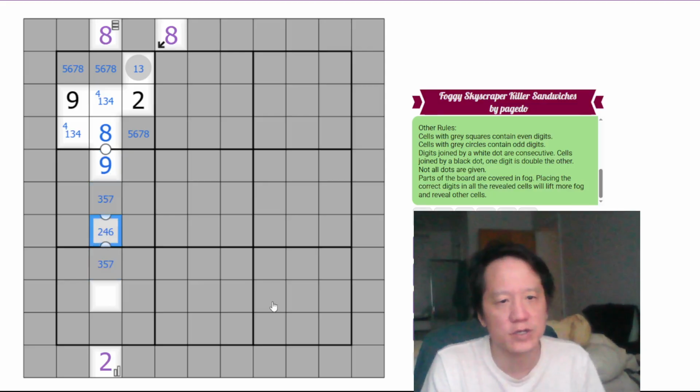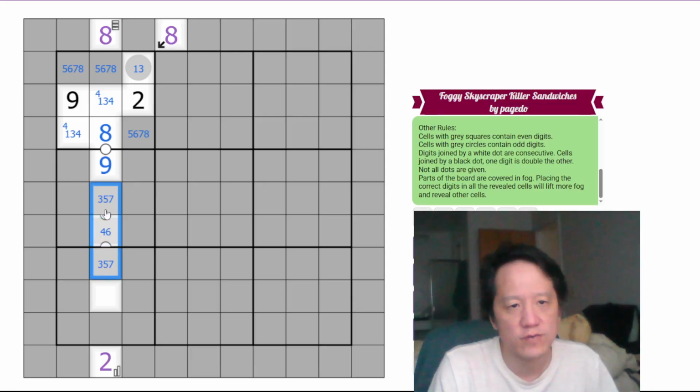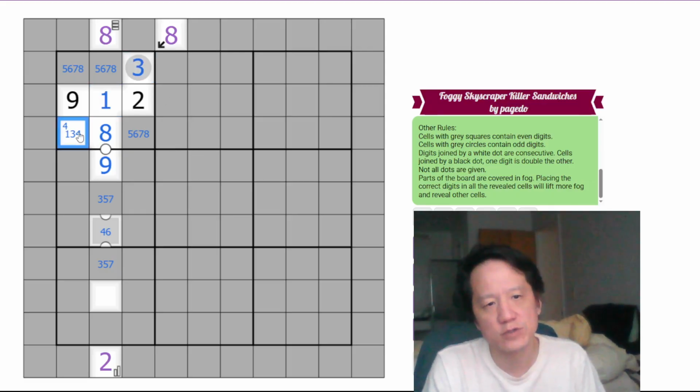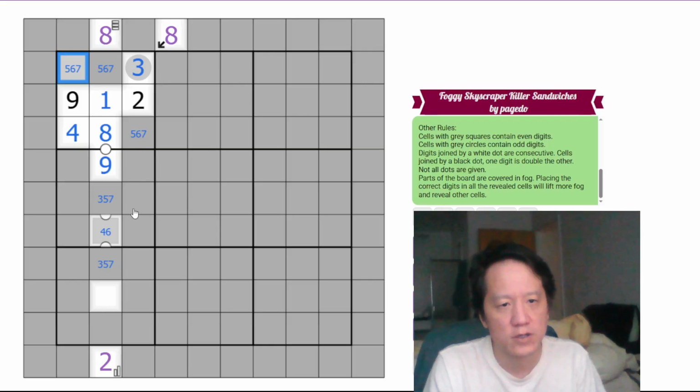It can't be 2 here. So 3, 4, 5 at minimum, which would be 12. So the only way you can have a 1 here is it's here, which makes this 3, which makes that a 4. This is 1. This cannot be 8 here, here, or here. That means we have to see 2 digits here.